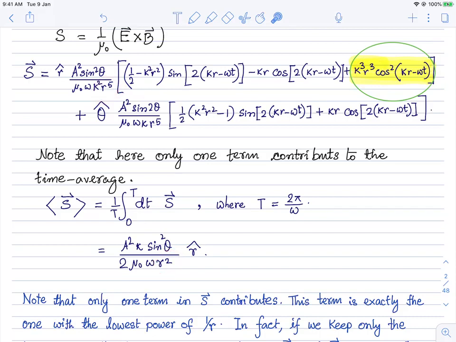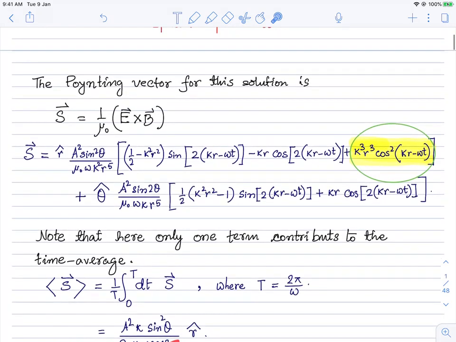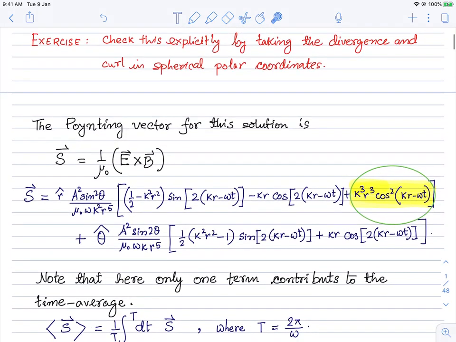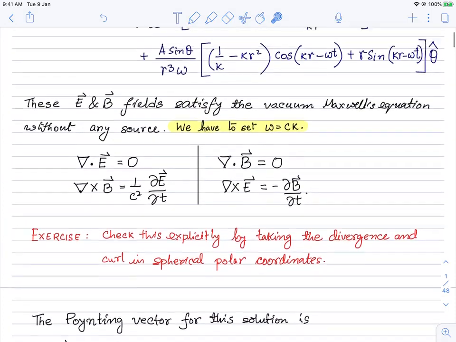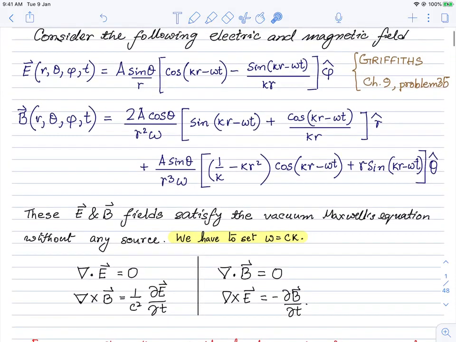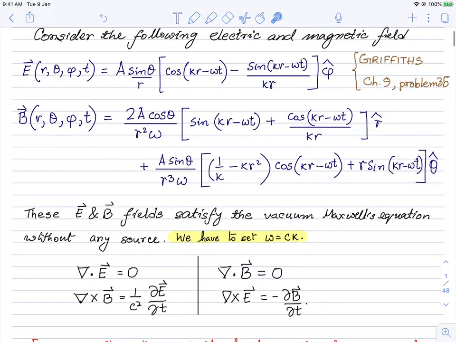Now, this fact is going to be absolutely crucial in our discussions, and therefore let me emphasize this point, that the Poynting vector goes as 1 over r squared. If we look back at the electric field and the magnetic field, we will see that they have terms of various powers of r in the denominator.